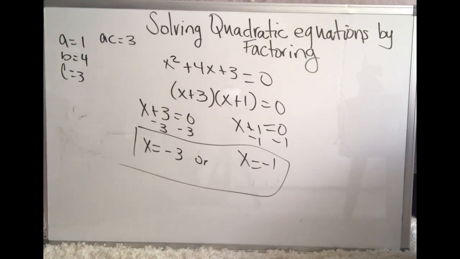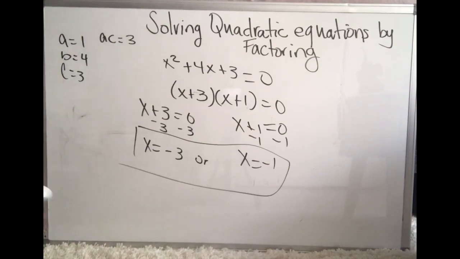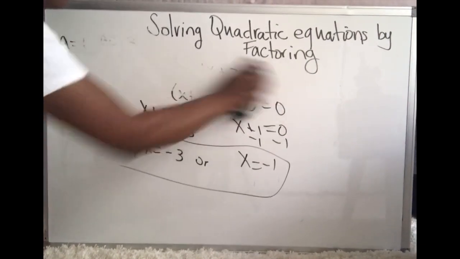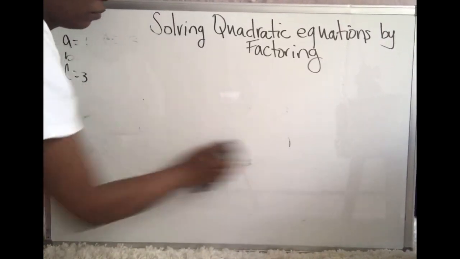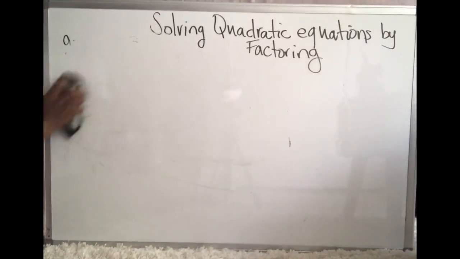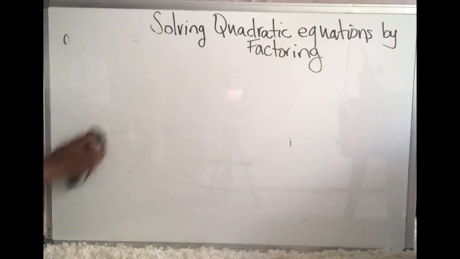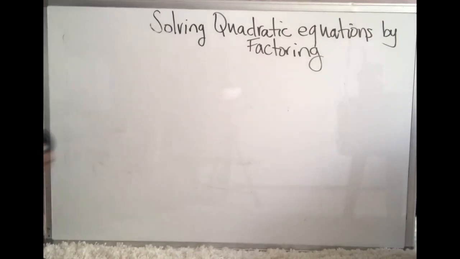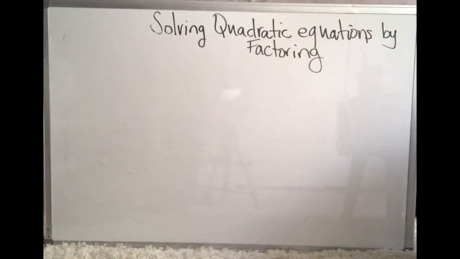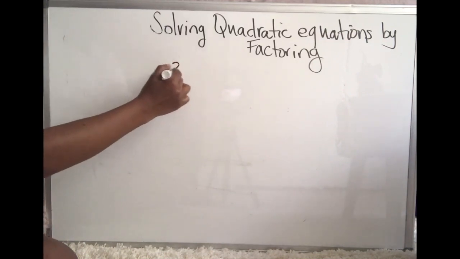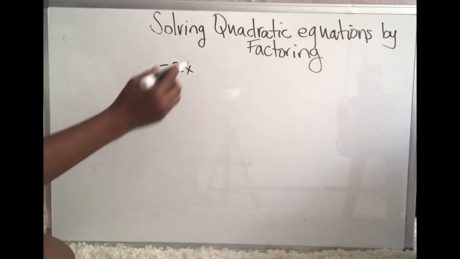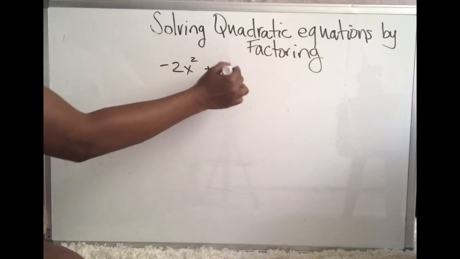Right? So now let's do another problem. And we're going to do one that is a little different, and I want you to try to do this one with me. So we have negative 2x squared plus x plus 1.